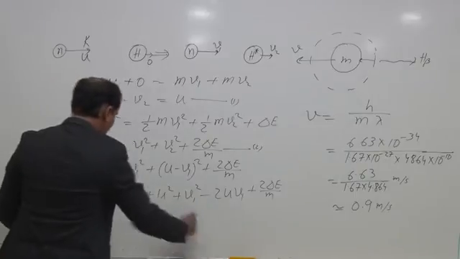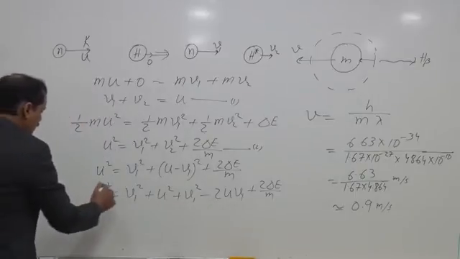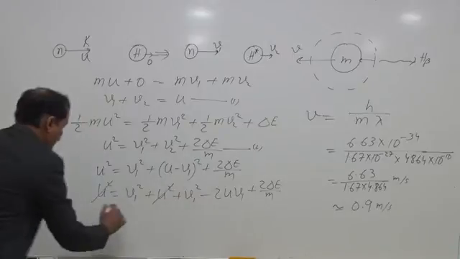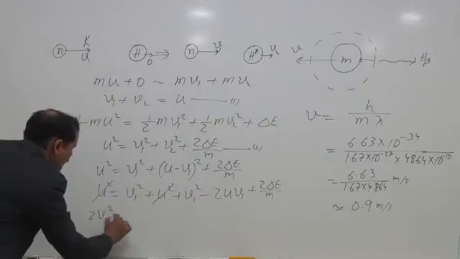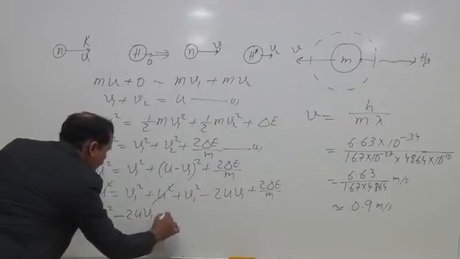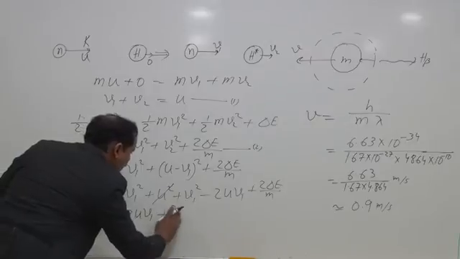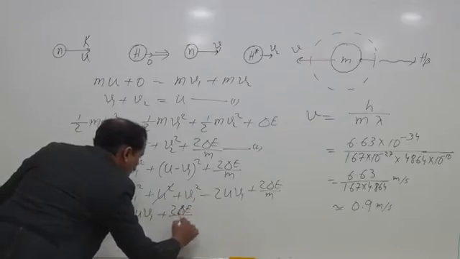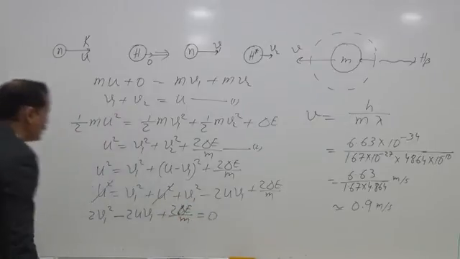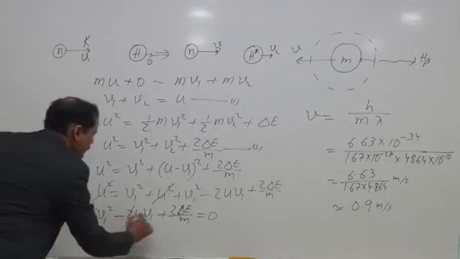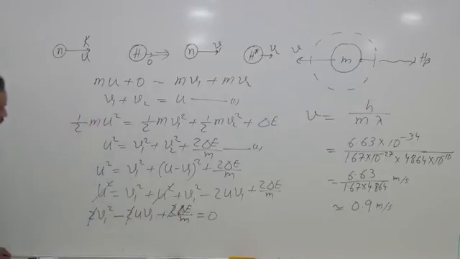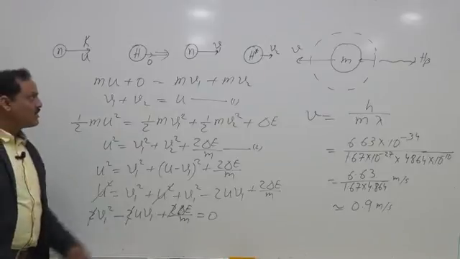So from here the u square is cancelled and we write 2v1 square minus 2uv1 plus 2 delta E by m is equal to 0. 2 is also cancelled. Here we can see it is a quadratic equation of v1.